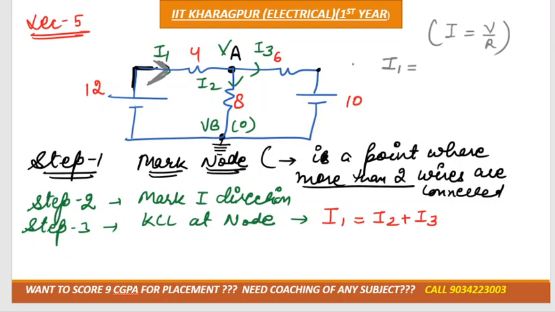I1 is moving from 0 to VA. Just imagine the grounded node is your home and VA is your college, and you are I1. Are you moving from home to college or college to home?